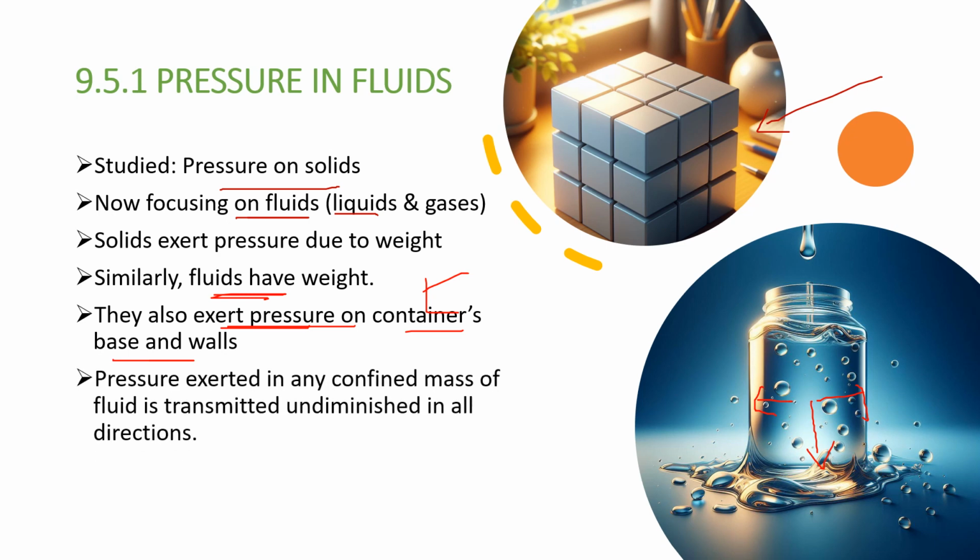Pressure exerted in any confined mass of a fluid is transmitted undiminished in all directions. It means it transmits undiminished in all directions. It's not like the bottom side is more or the upper side less. All directions: up, down, right, bottom, all of them.